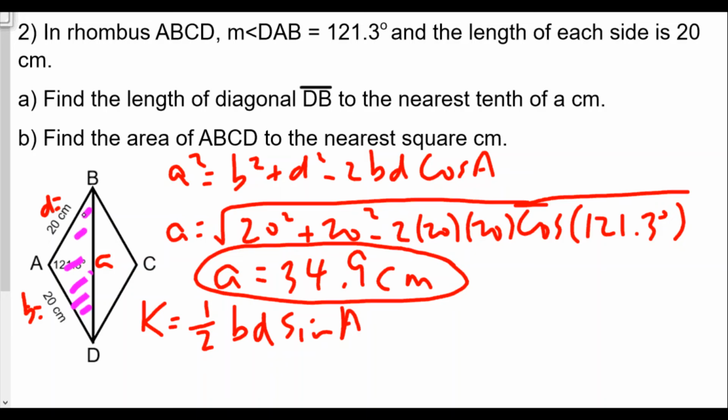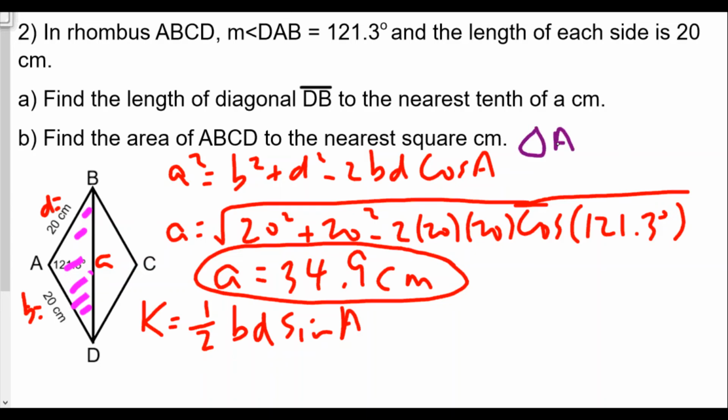One of the nice things in this case is that in a rhombus, triangle ABD is exactly half the measurement. So I'm going to use a regular pen.